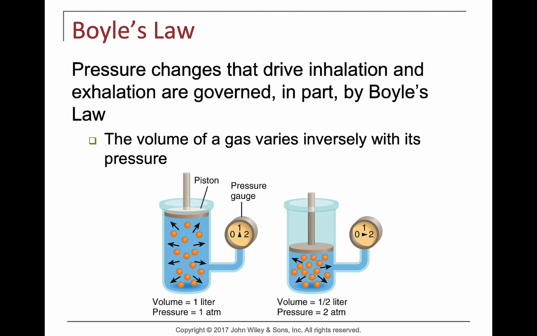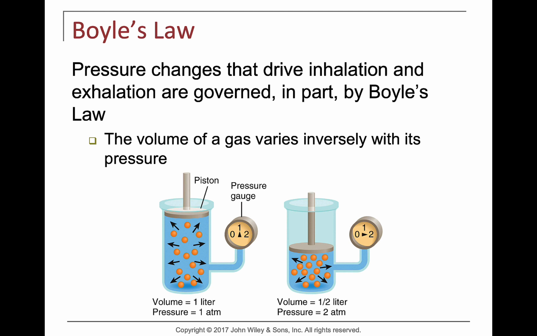So you can see on this figure on the left side of the screen that you have a container with a piston that is making it closed and a pressure gauge. And the pressure is 1 atmosphere in this figure on the left, and the molecules shown in orange are bouncing around inside of the closed container.